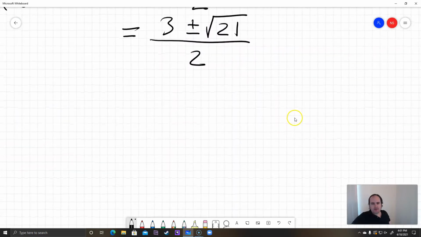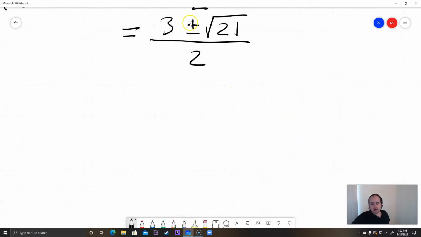So what we're going to do instead is we're going to split up our answer into 2 answers. Okay, so remember that this plus minus, I keep saying plus minus, but I haven't really described what it means yet. Plus minus just means you have 2 answers. One answer has a plus there, the other answer has a minus there.